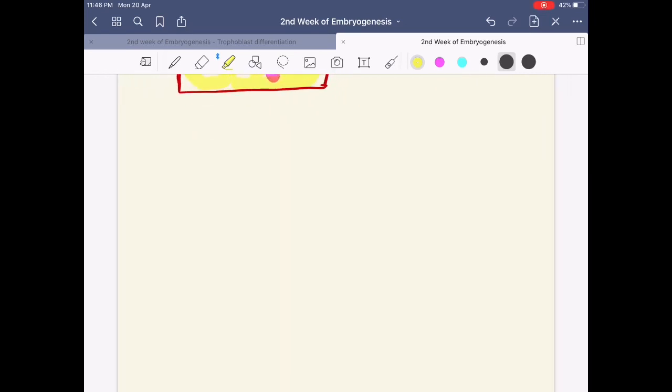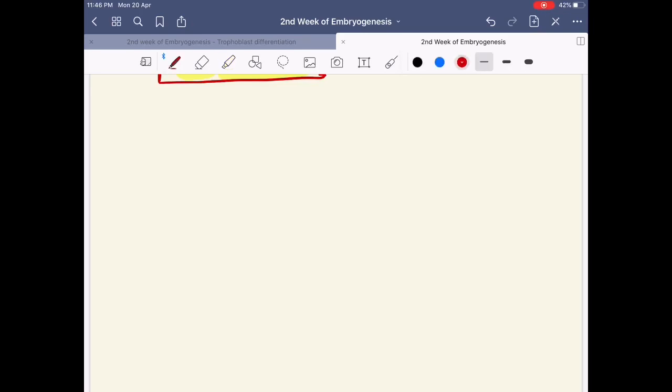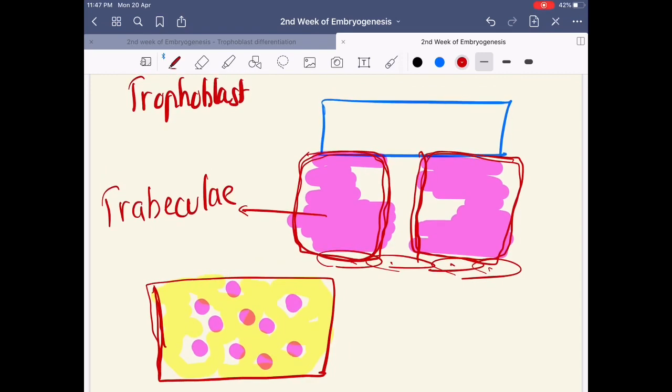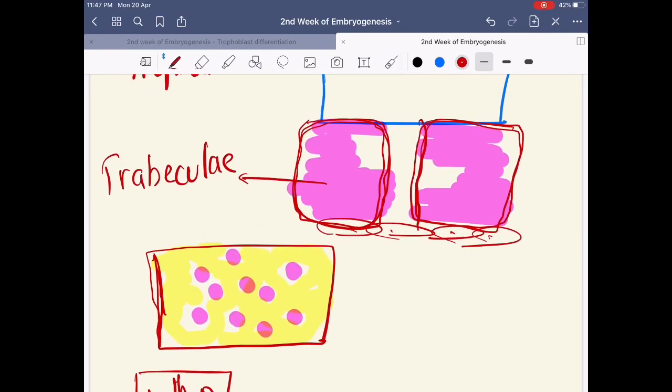So when does all this happen? We need to know the time. We learned that implantation is completed by the 10th day of fertilization. From the 10th to the 11th day, this is when the lacunae are formed inside the syncytiotrophoblast. Please remember this. Gradually the lacunae enlarge and enlarge, and ultimately they make these syncytiotrophoblastic pillars separate.